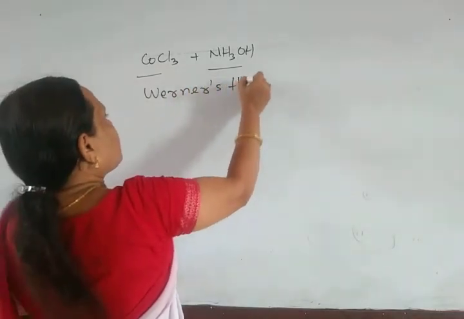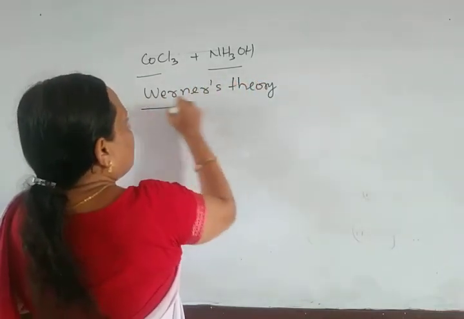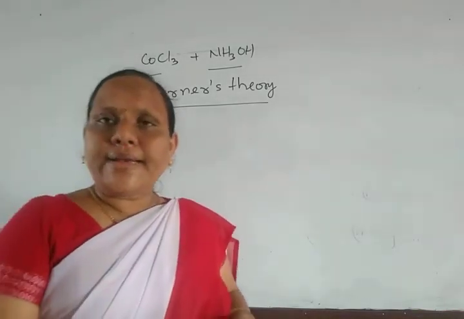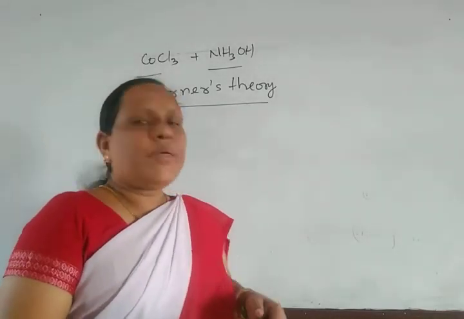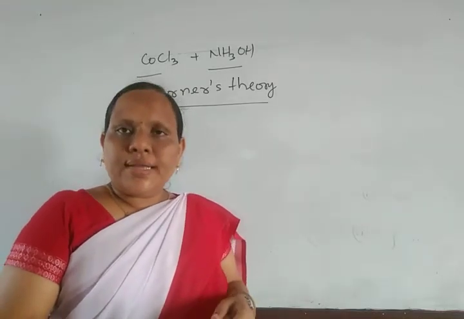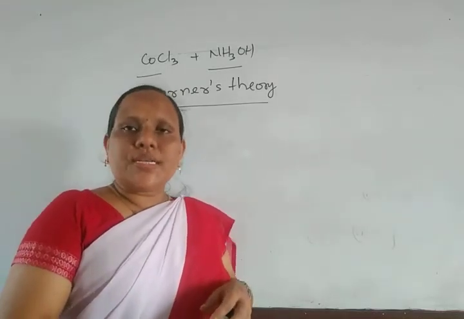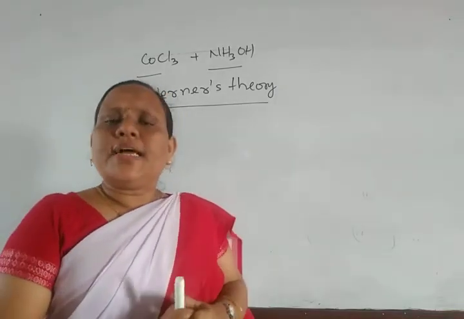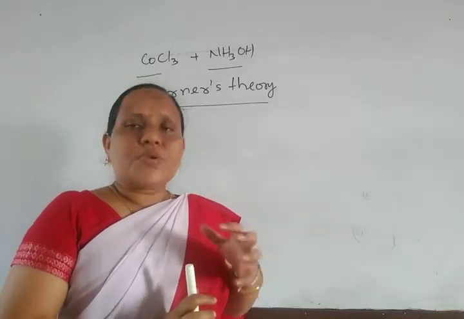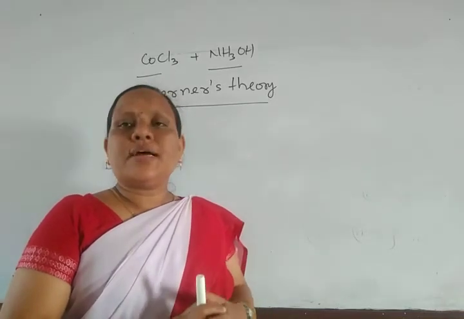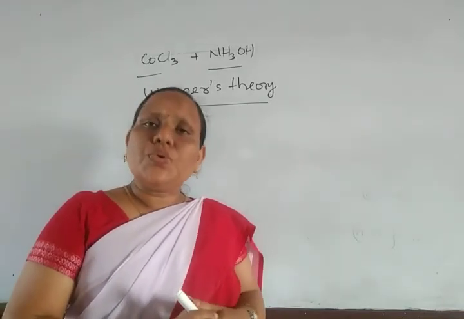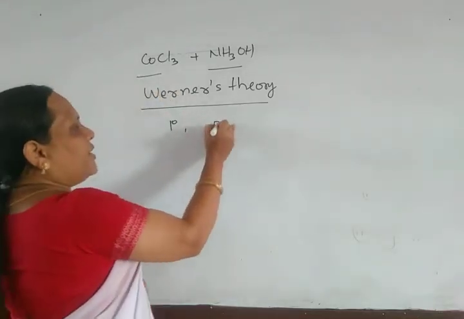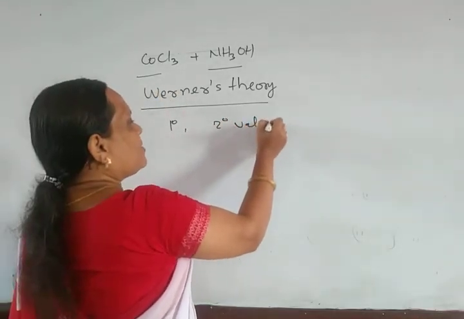Okay, so next comes Werner's theory. This theory gives the preliminary idea about the bonding and the nature of coordination compounds. According to him, the central metal atom of a coordination compound has two types of valencies, that is primary valency and secondary valency.